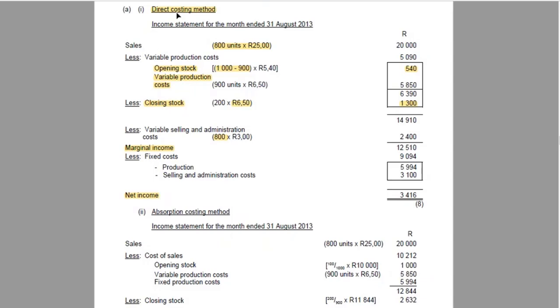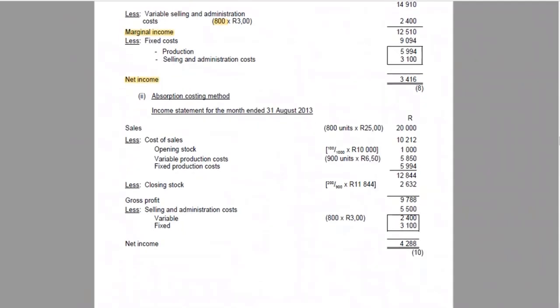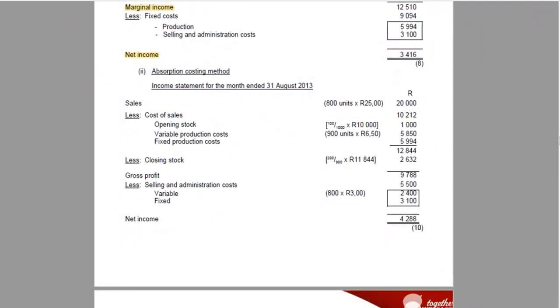So it means that for part A, direct costing method, you should have done it quickly so that you can go to absorption costing method. You don't spend most of your time on this one. You go to the next one, which is 10 marks. So you also take your calculator to see how many more minutes you are supposed to spend on this question. There you go. It's 12 minutes. So that's how you need to plan.